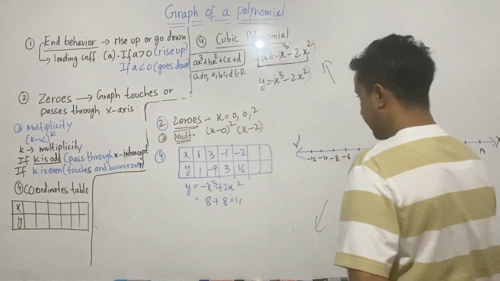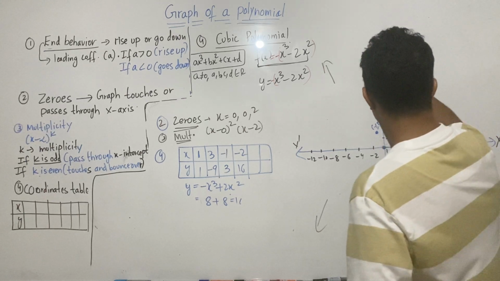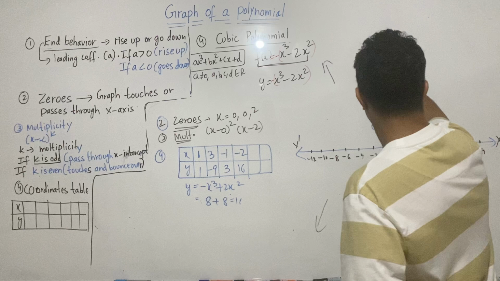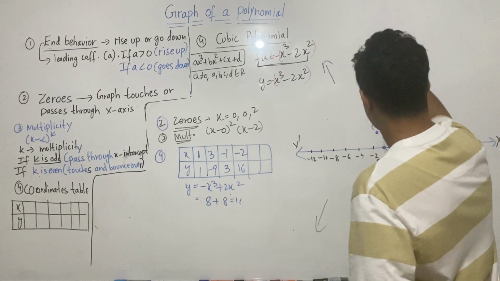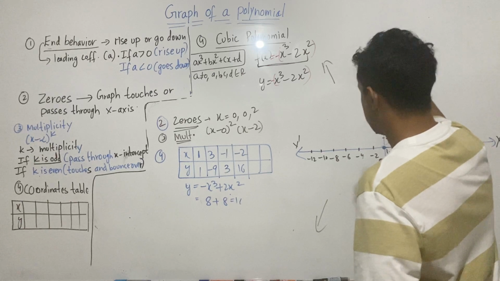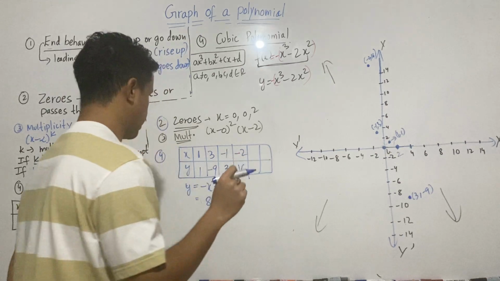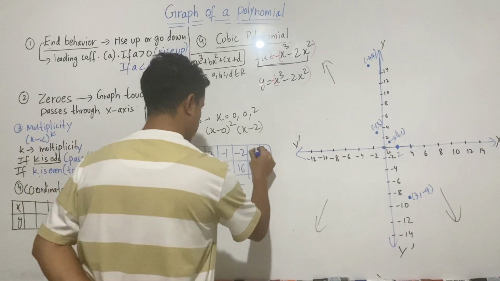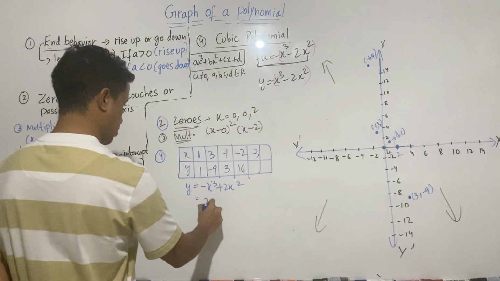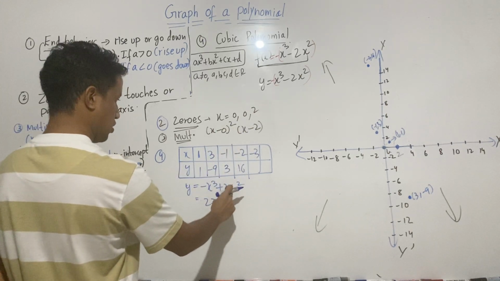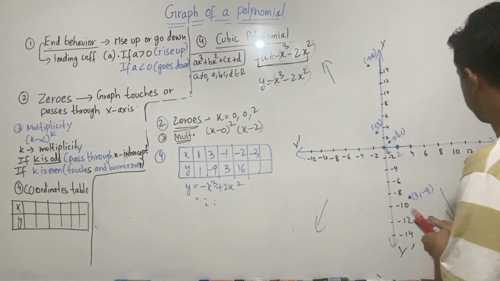So x is minus 2, y is 16, this point here. For minus 3, it's going to be a huge number. Okay, I think we got enough points.